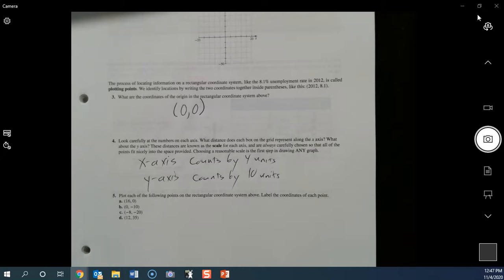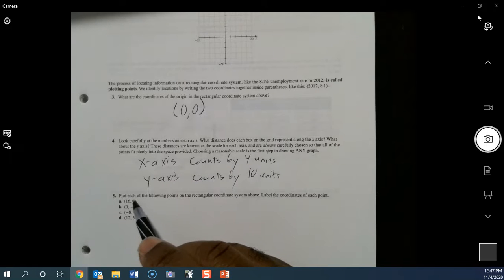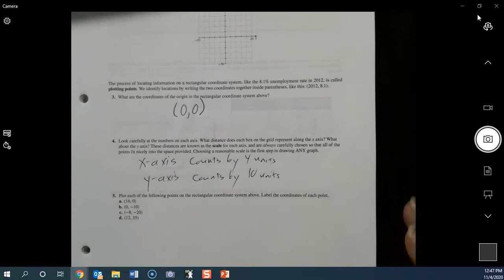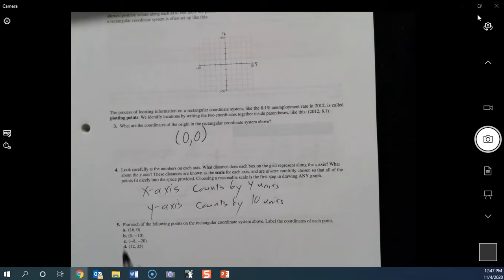Now, here's the thing that I want to explain to you. Before we get into the labeling, I want to tell you this. You plot your point where the y-axis ends. Again, wherever the y value ends, that's where you plot your point. So, we look at the x values, the x coordinates.